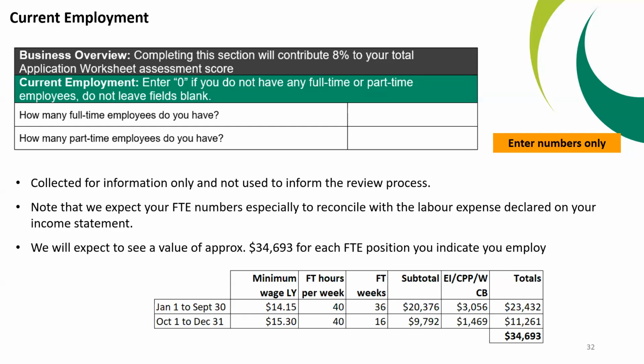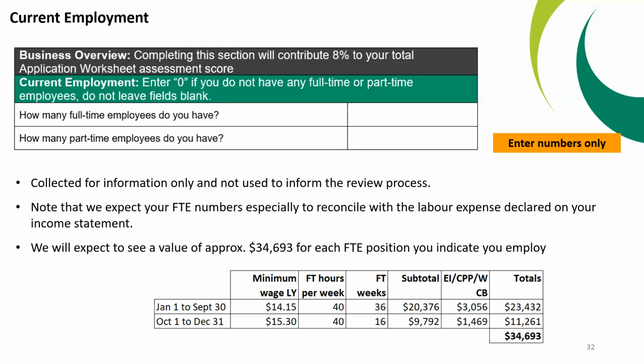So $14.15 from January to September and $15.30 from October to December. We use 40 hours per week, 52 weeks in a year, and then we add about 15% for employment insurance, Canada Pension Plan, and WCB insurance. So we end up with just shy of $35,000.